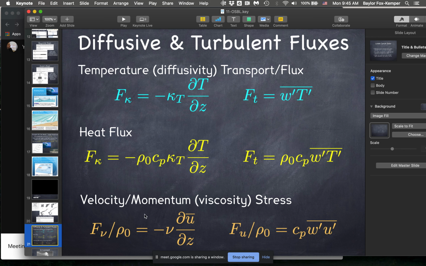It is a little more complicated, because momentum has a direction, and also the direction of transfer has a direction. This is actually a second rank tensor, because there's the direction in which the momentum is being transported, and there's the direction of the momentum that is being transported.